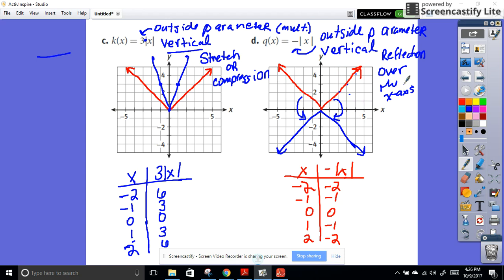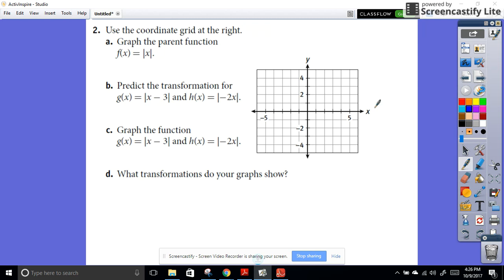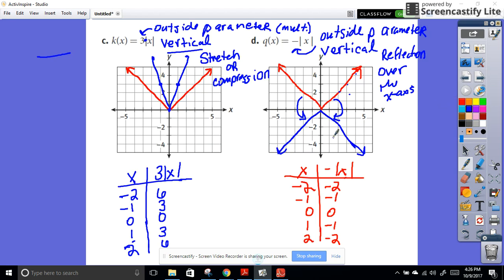Okay, let's see what's next. Before we go and tackle these inside changes, I want to do a couple more vertical changes.